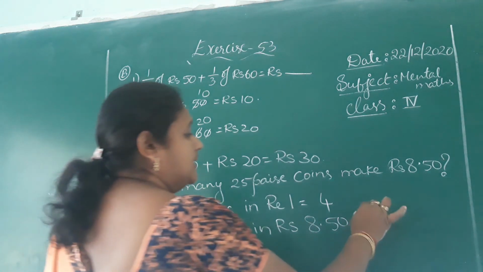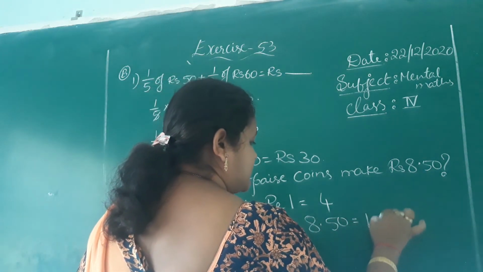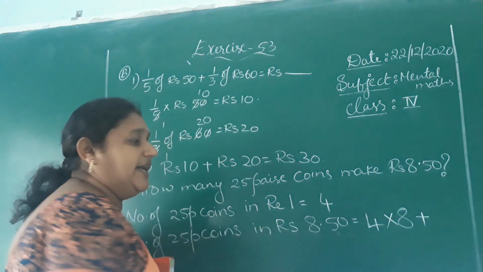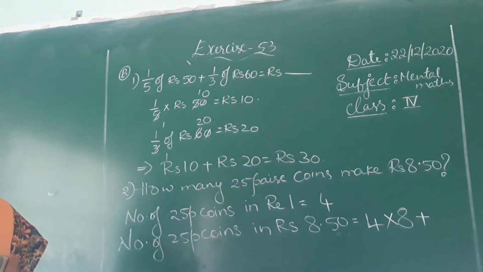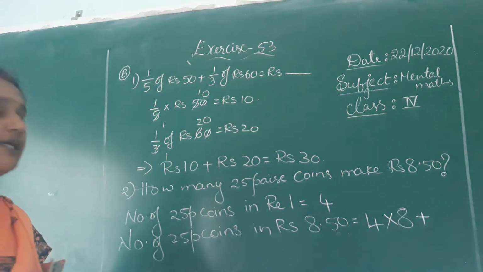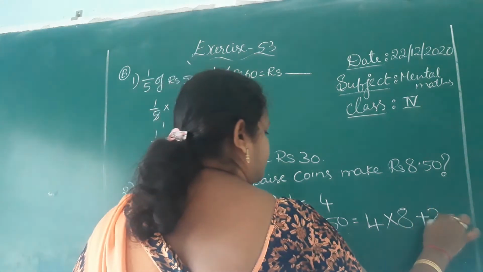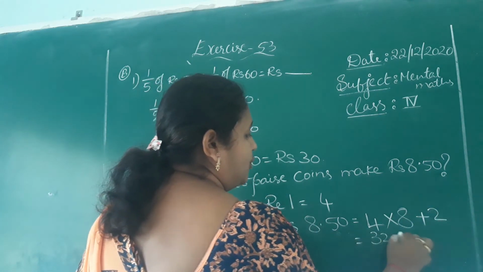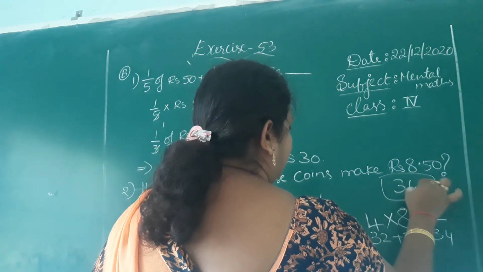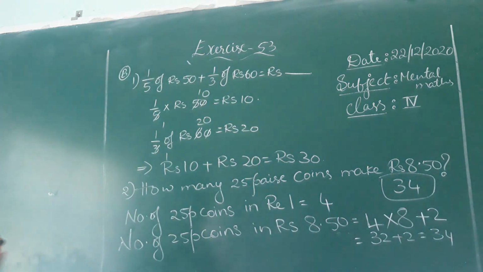That means 4 coins for 8 rupees and 50 paise. In 50 paise, how many 25 paise coins are there? There are 2 coins. So plus 2. 4 eights 32 plus 2, 34 coins. Totally 34 coins are there in 8 rupees 50 paise.